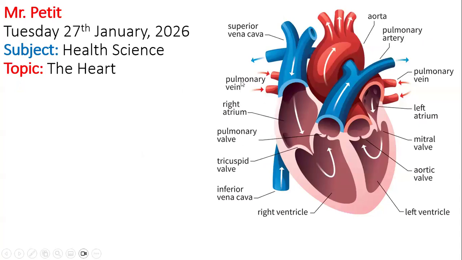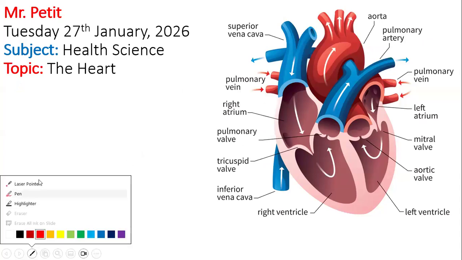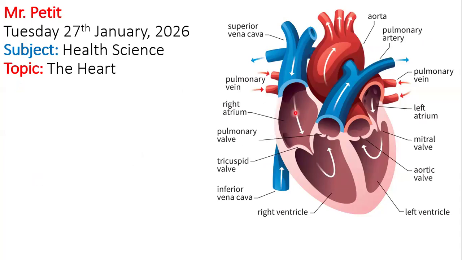So we know the heart has 4 chambers. The 2 upper ones. Let me actually write on this. So this is 1 chamber, and this is the next chamber, number 2.